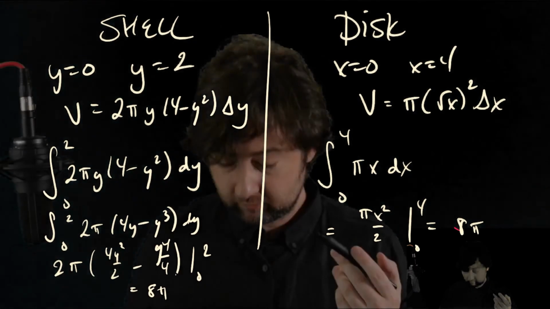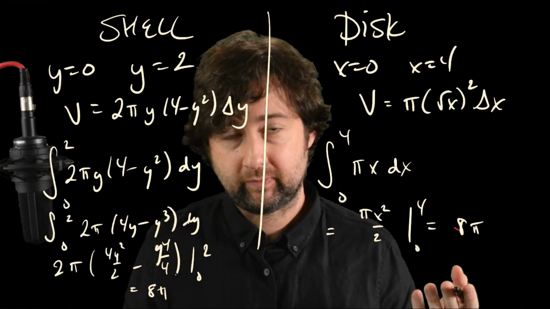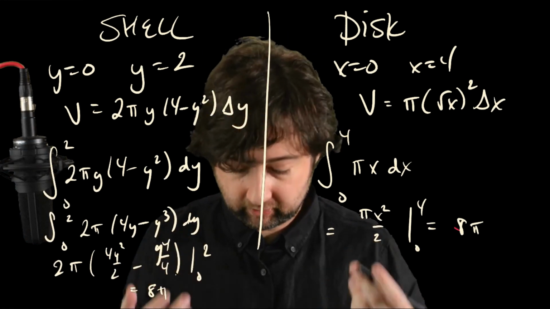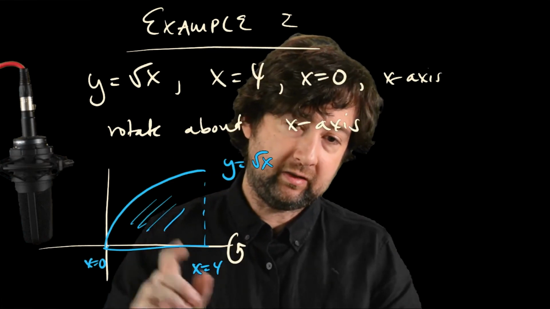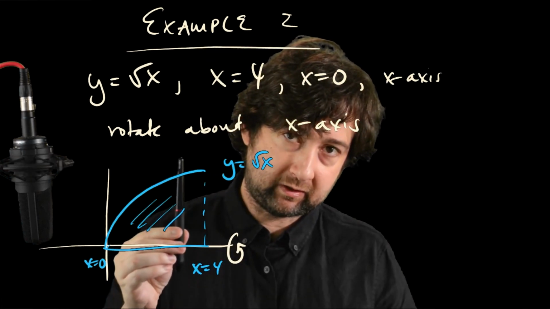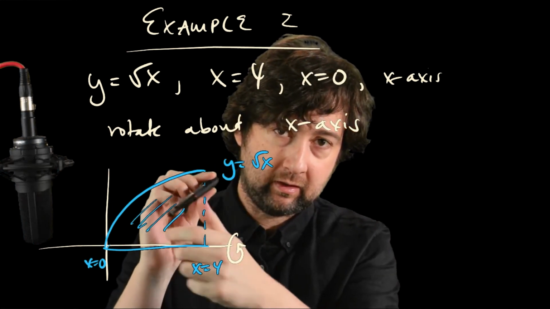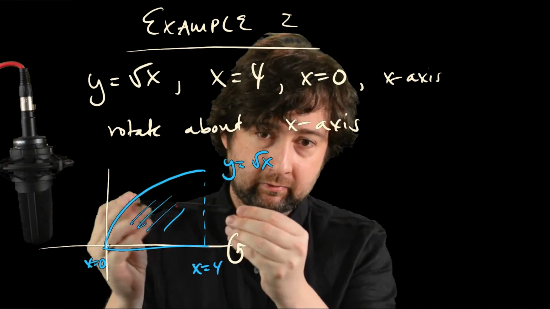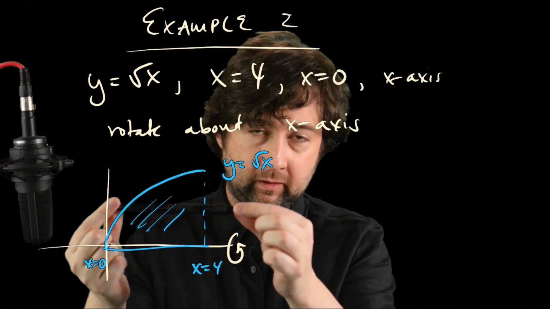In practice, what matters here when you're doing this is that you're consistent about your approach to these things. When you're looking at a problem, like the problems we're just looking at, you need to make a decision about, okay, is it going to be better if I set up my rectangles this way and go around to make disks, or if I set up my rectangles this way and I go around to make shells instead? Okay.